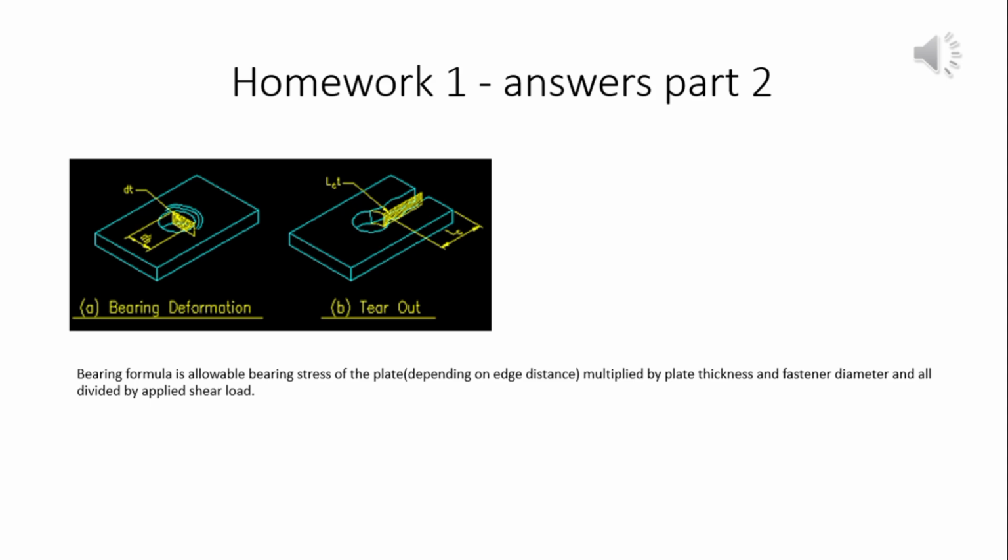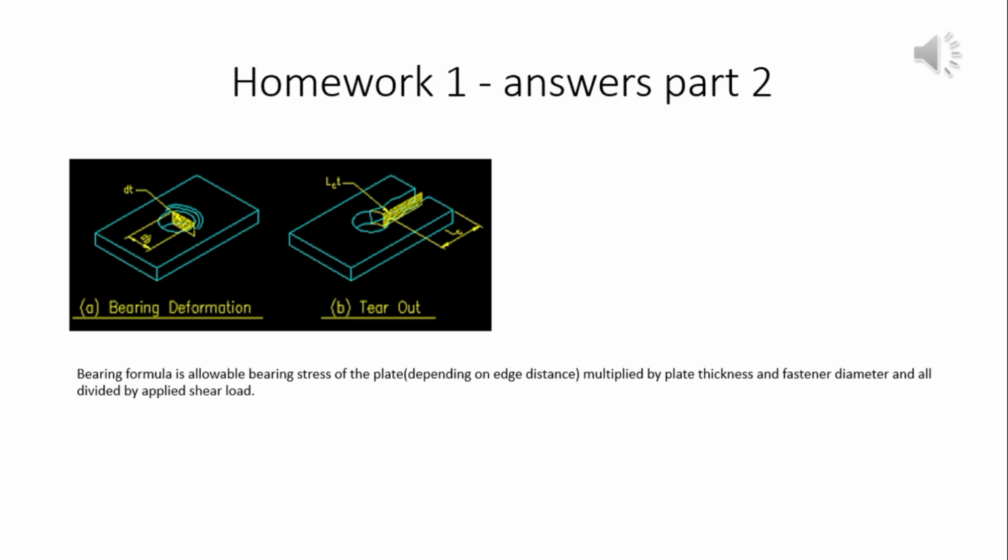So the bearing deformation and the tear out. When we have that edge distance, the tear out is like shear, but it's shear out; it depends on the edge distance, not like the simple shear, I mean.